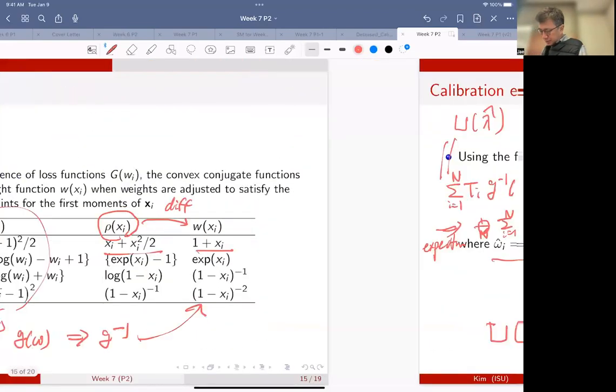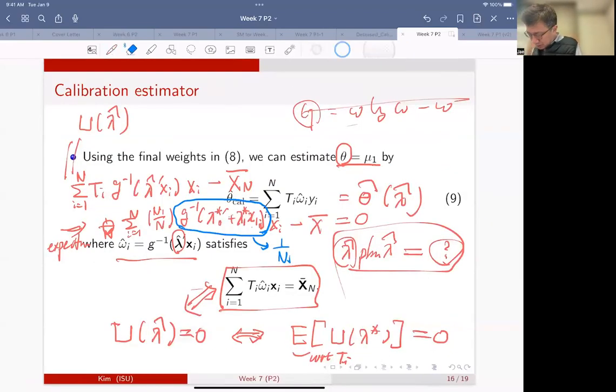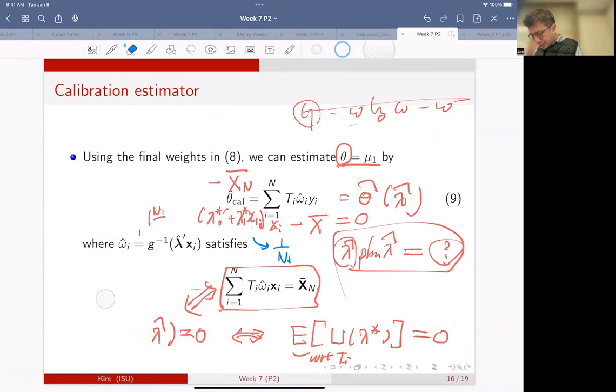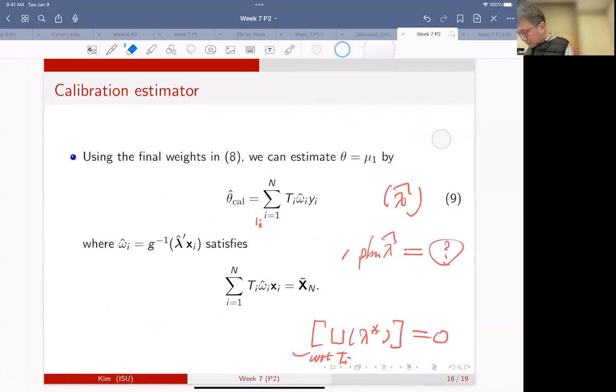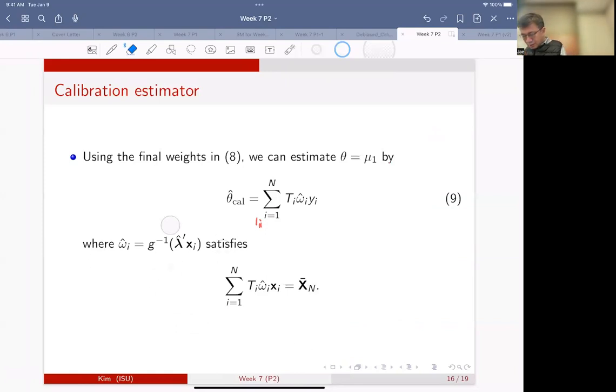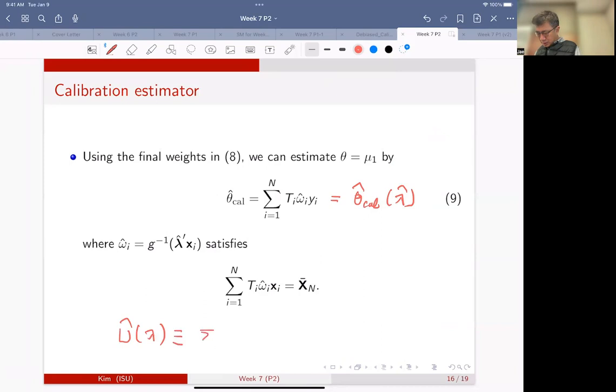Okay, so that is the idea. Now the statistical property of the calibration estimator is that this is a function of lambda hat, and lambda hat solves the equation.